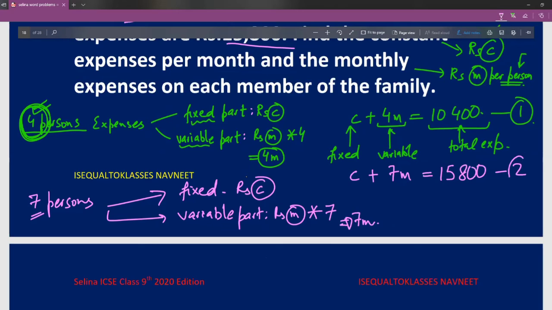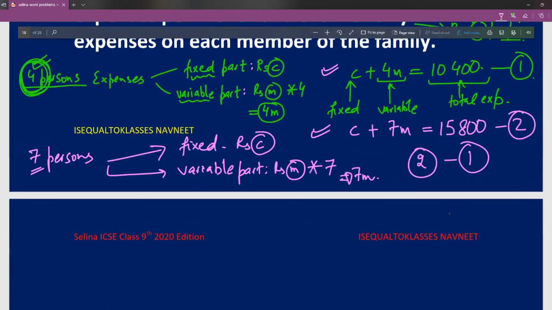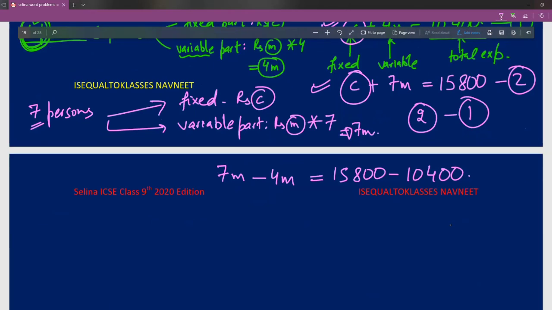This is my second equation. I need to solve this equation and this equation. Simplest way of solving this is if I do 2 minus 1, because if I do 2 minus 1, what I have is 7M minus 4M is equal to 15,800 minus 10,400, for a simple reason that this part and this part will get cancelled when I am subtracting the two equations.